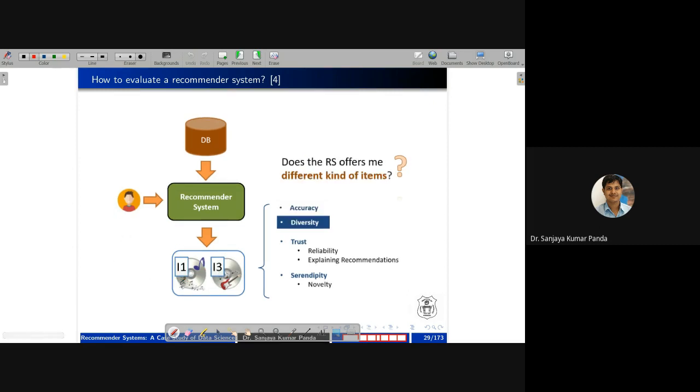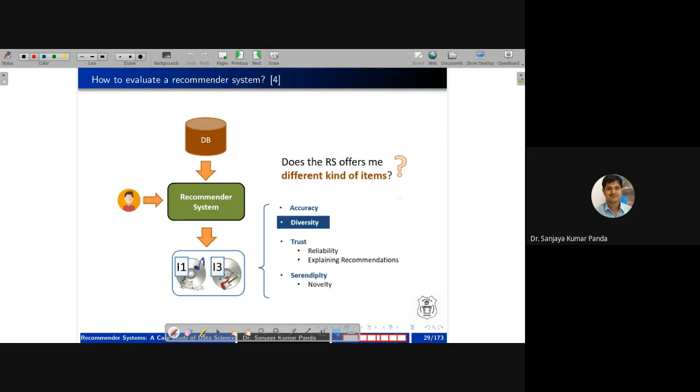The second parameter or evaluation metric that we have considered is diversity. Diversity focuses on whether the recommendation system suggests different kinds of items. We are not looking at only one type of item.